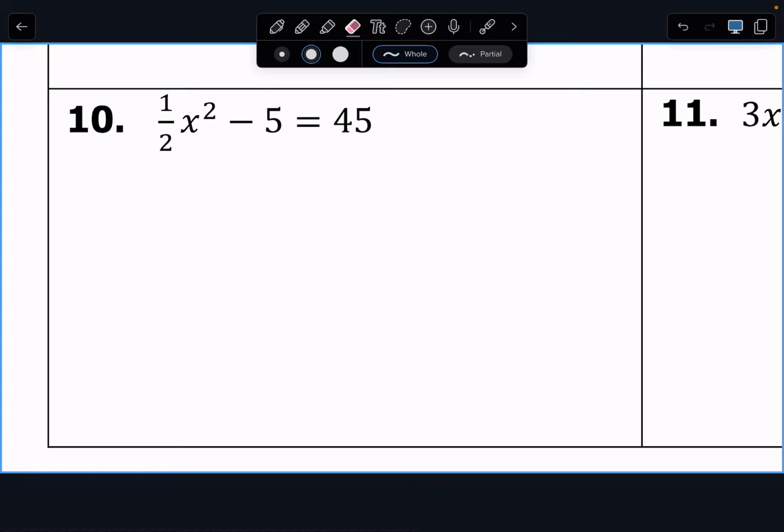All right, what is the first thing you have to do? Okay, I see that there is some mix-up here. We have to add the 5 first. Whatever is furthest away from x squared has got to go first. Okay?